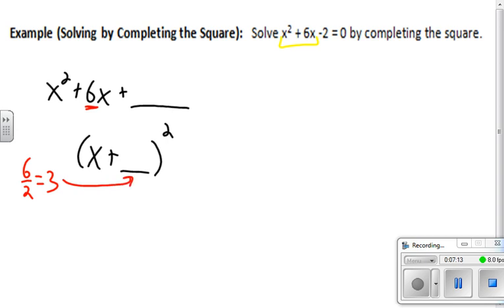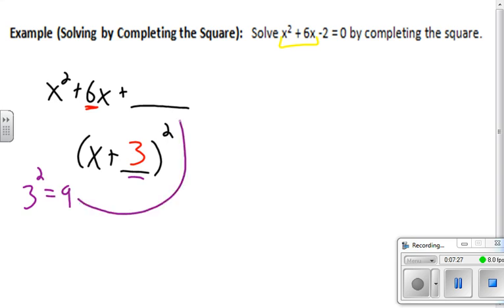This is this value here. So we know it's going to be 3. Once we know that value, we can take this value, square it. So 3 squared equals 9. 9 is going to be this value. So to make this a perfect square, we had to add 9.